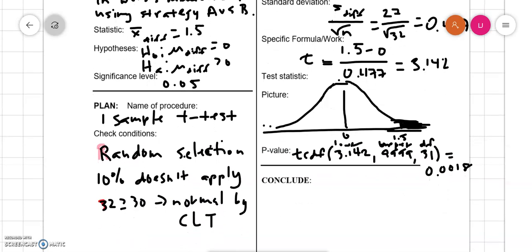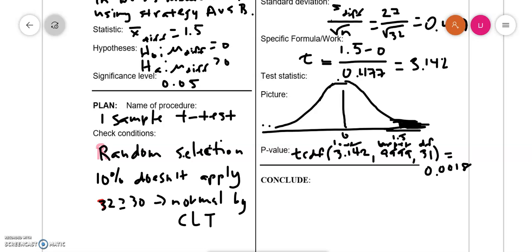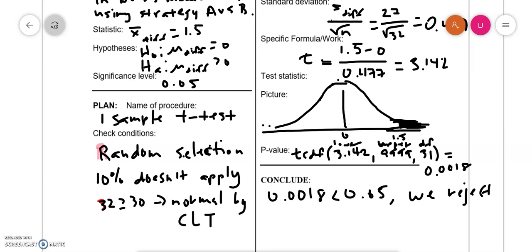All right, so now we have our p-value, and 0.0018 is less than our significance level, so of course we reject the H0. We have convincing evidence. And don't forget about context. You don't just stop there.